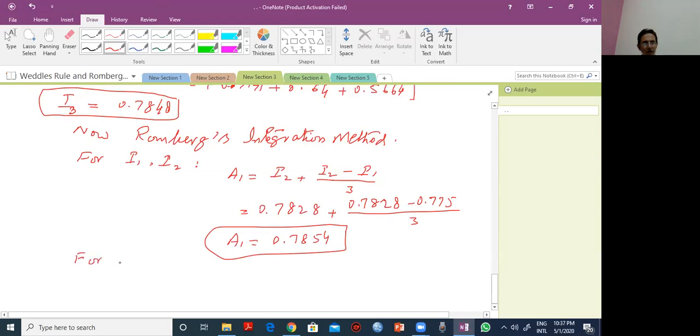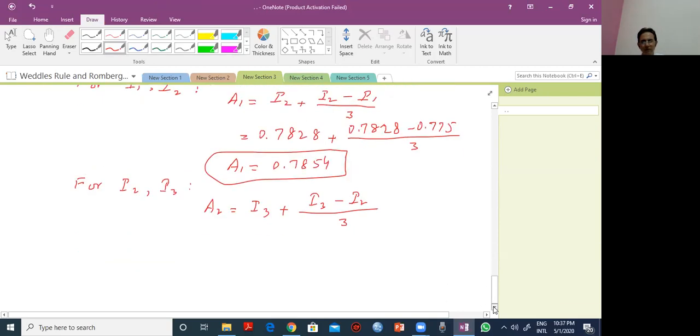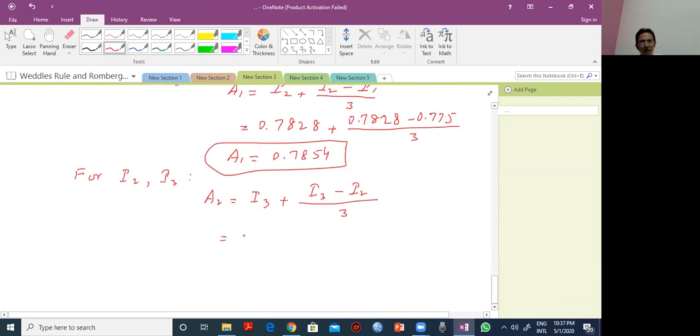Now for I2 and I3, we call it A2. It means I3 plus I3 minus I2 upon 3. What is I3? It is 0.7848.